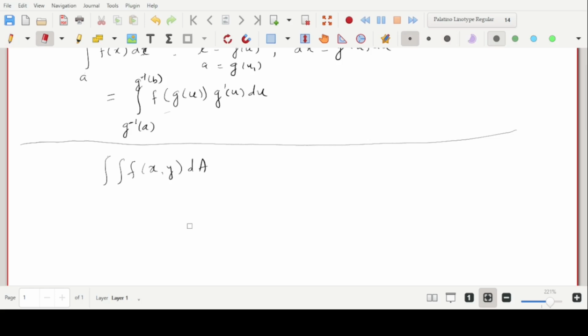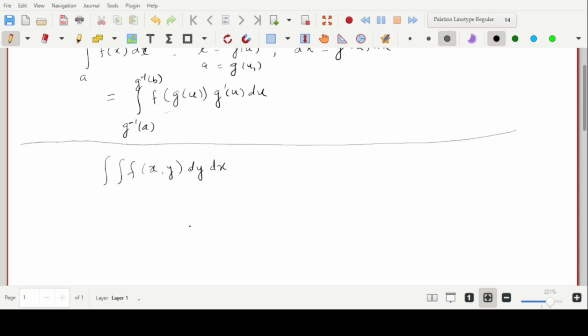I shall write this as an integral of f dy dx or dx dy, depending on the case. So this is an iterative integral. The inner integral will have limits of integration between which y varies, and then the outer integral will have the limits for x.